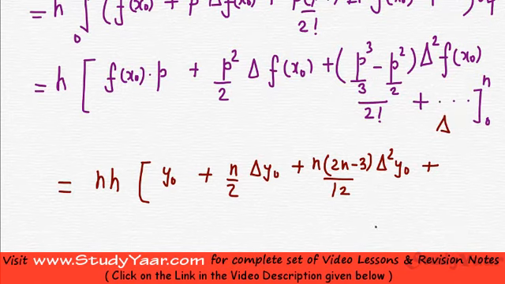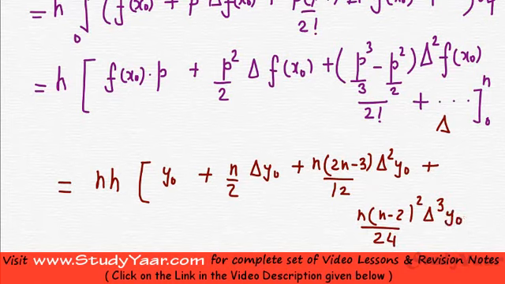When you integrate that particular term, you get n into (n minus 2) whole square upon 24 delta cube y0, and you are going to have more terms like this.